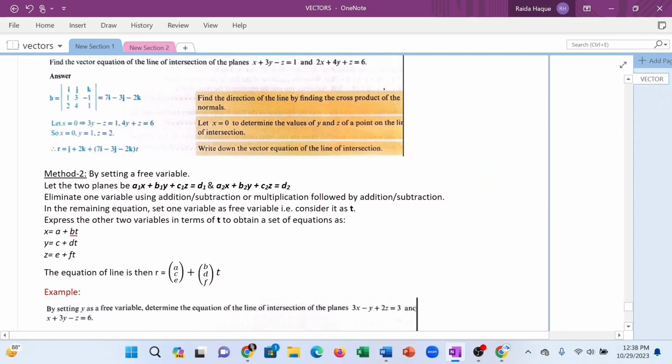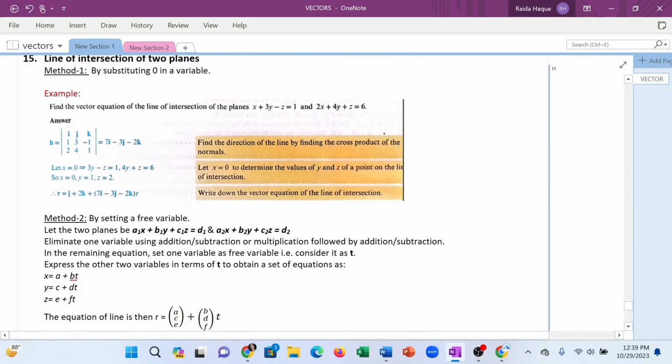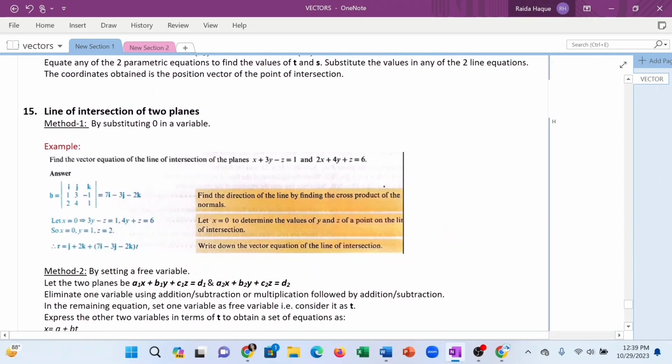Let the two planes be a1x plus b1y plus c1z equals d1. So we have two Cartesian equations, and then we have the second plane with the equation a2x plus b2y plus c2z equals d2. So what we first do is we eliminate one of the variables using addition or subtraction, or multiplication followed by addition or subtraction.